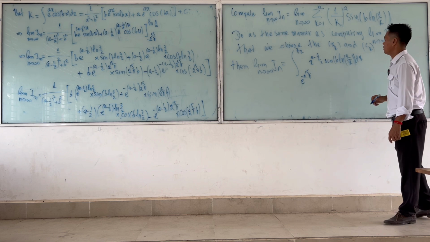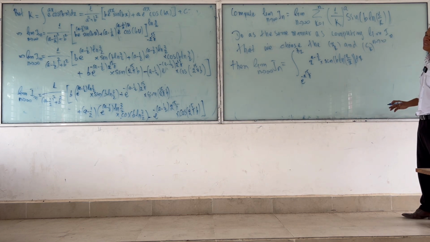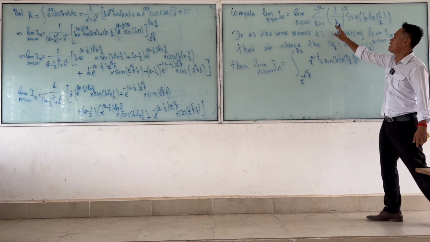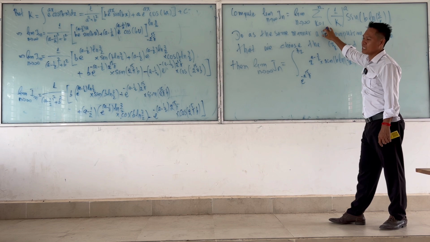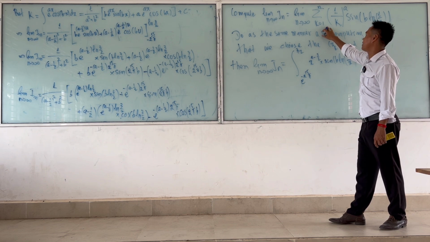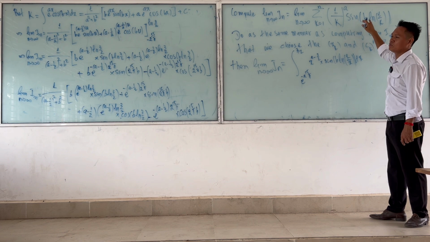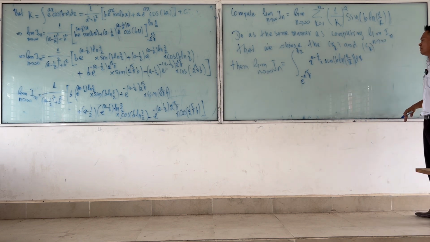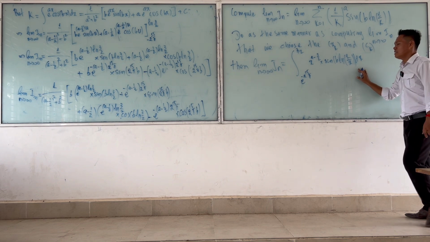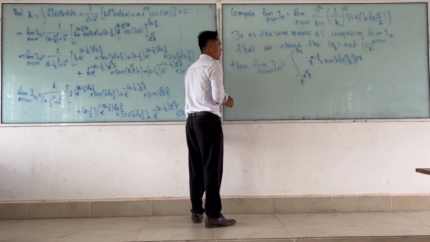You can check in the same manner. In fact, we do not need to check, because the forms of the limits of Jn and In are the same. It just changes from cos to sine, sine to cos here. So we can calculate in the same manner. From this, we can continue to calculate this integration.